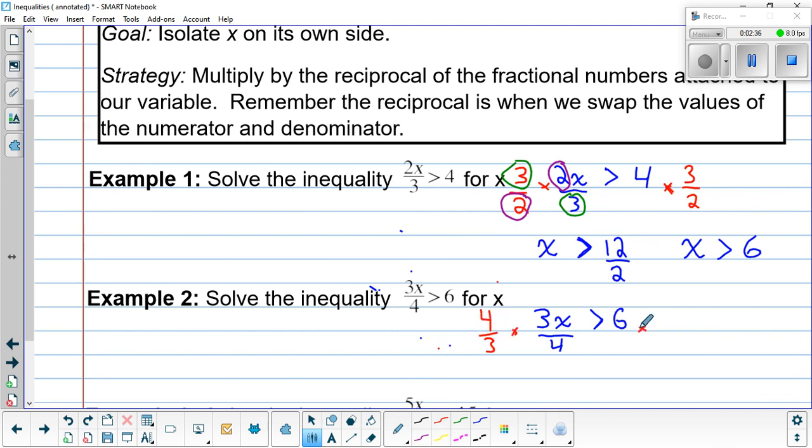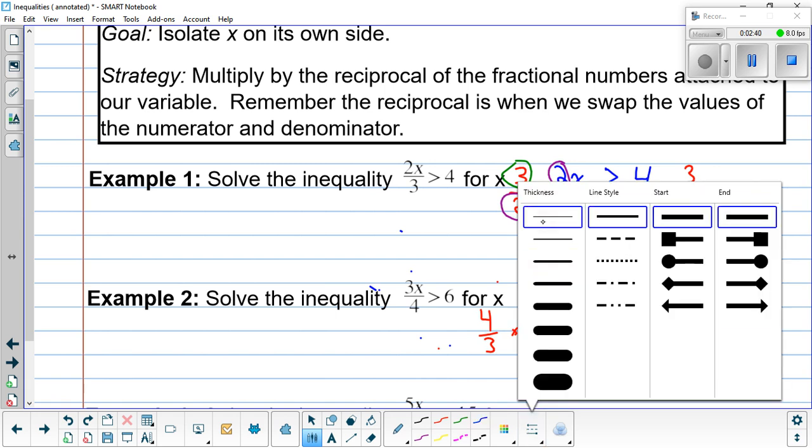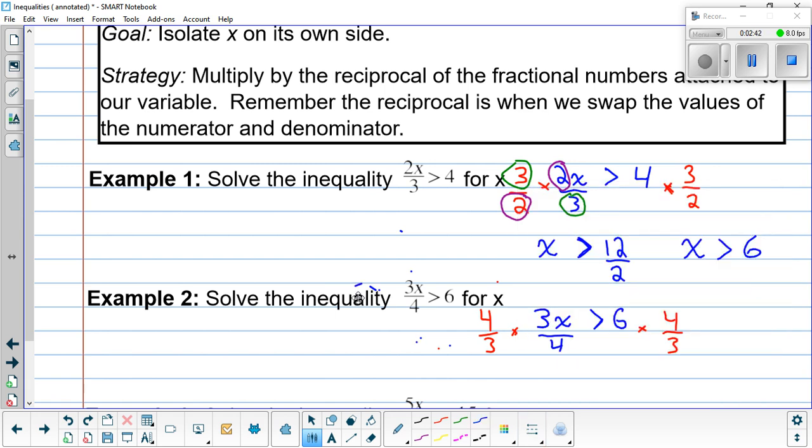And same thing, we have to multiply that on our right side. So in the end, if it does help, you can just cross them out as you go. That way you can see that you're just left with that. Just like in algebra, when we expand brackets and factorize, we cross stuff out. So we can do the same here. So 6 times 4 is 24. 24 divided by 3 is 8. So x is greater than 8.